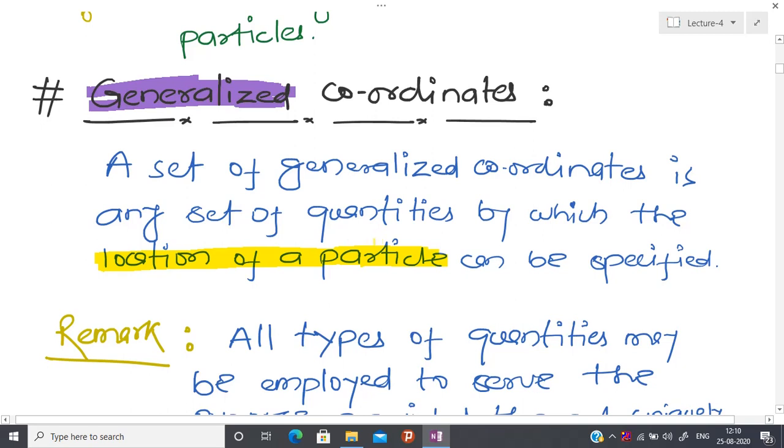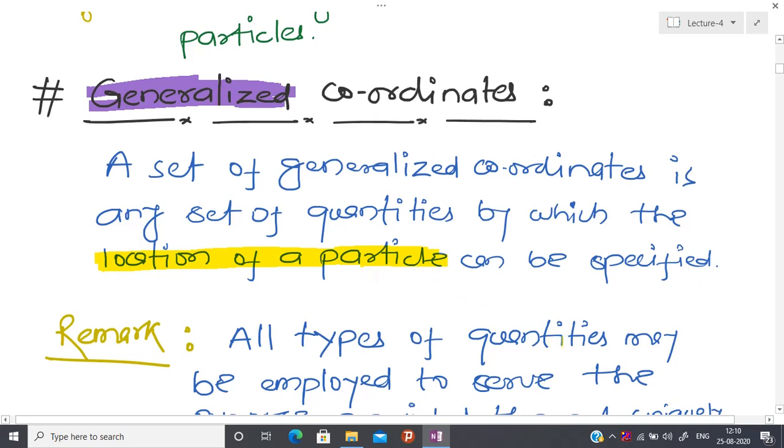Most of you might be aware that apart from the Cartesian coordinate system, I can use spherical coordinates and similarly cylindrical coordinates, and that is basically based on the nature of our problem.